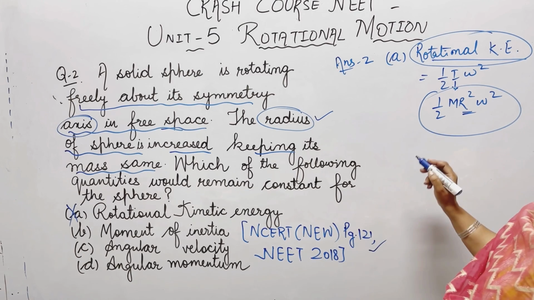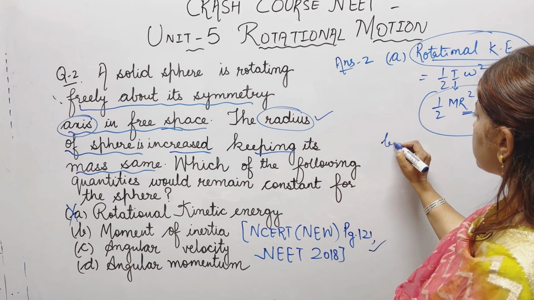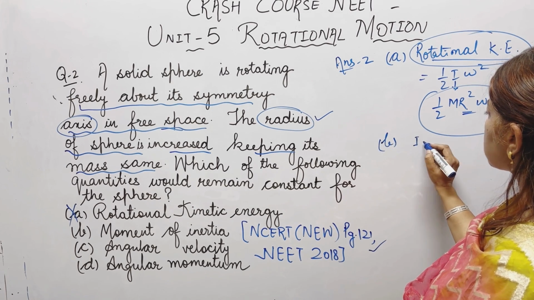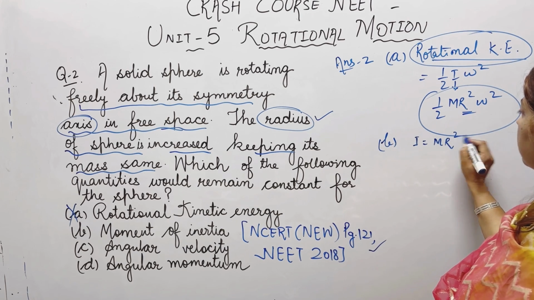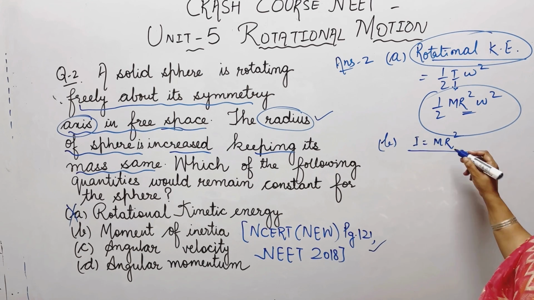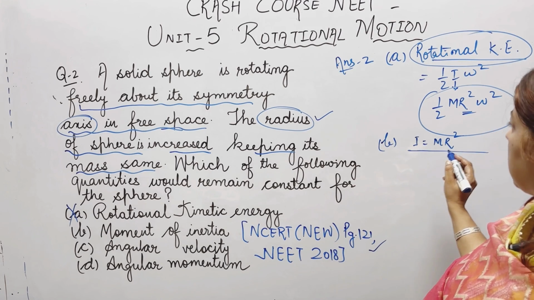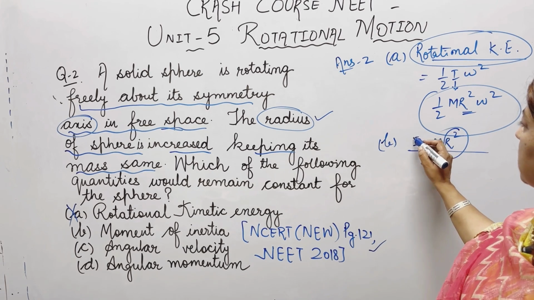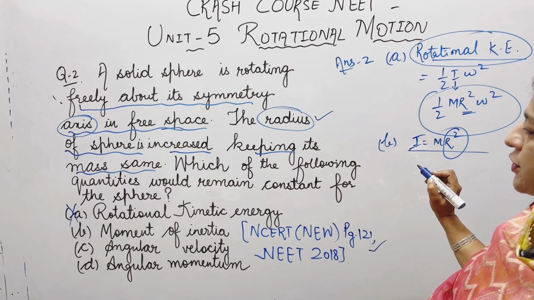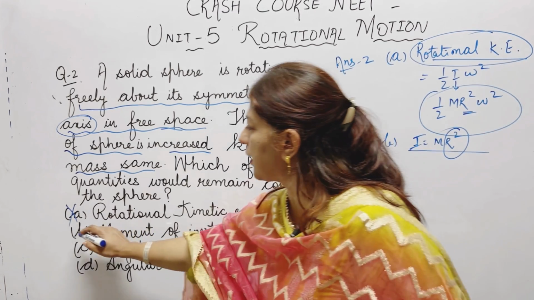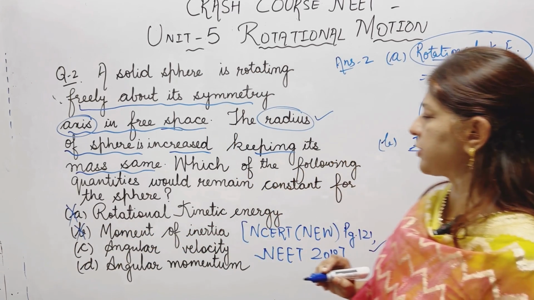The next is moment of inertia that we have discussed here also. The moment of inertia I is equal to mass into the square of the radius of gyration, mr square. Since the radius is changing, this quantity also won't remain constant.